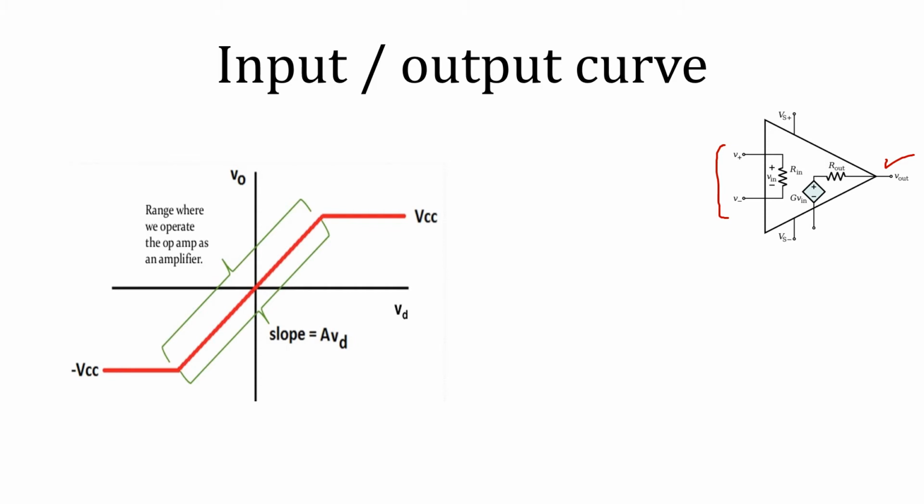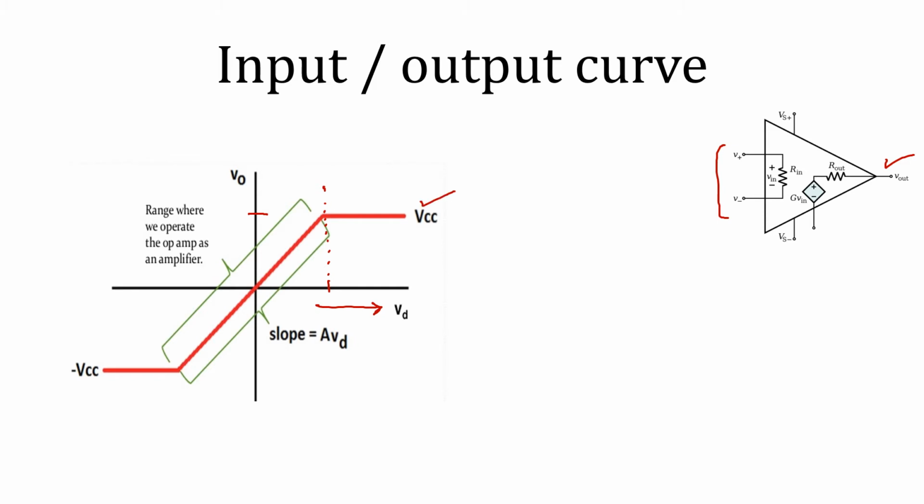But after a particular differential voltage, even if we increase VD, there is no change in output voltage. That particular limit is the saturation voltage, and the output stabilizes at VCC. What is VCC?